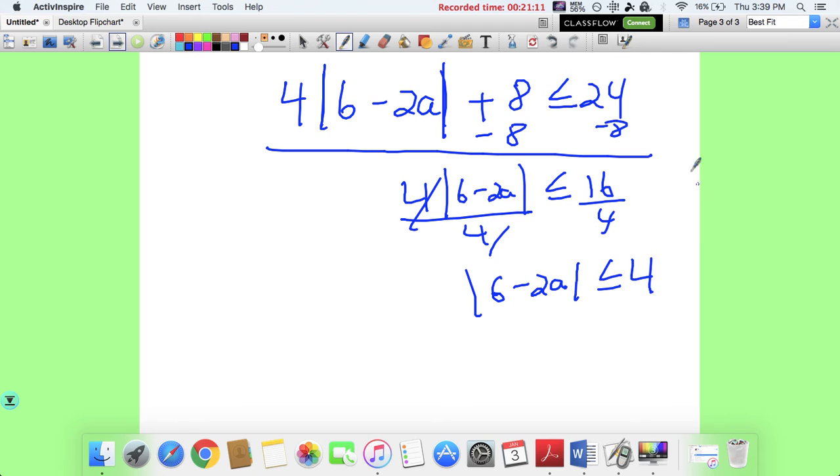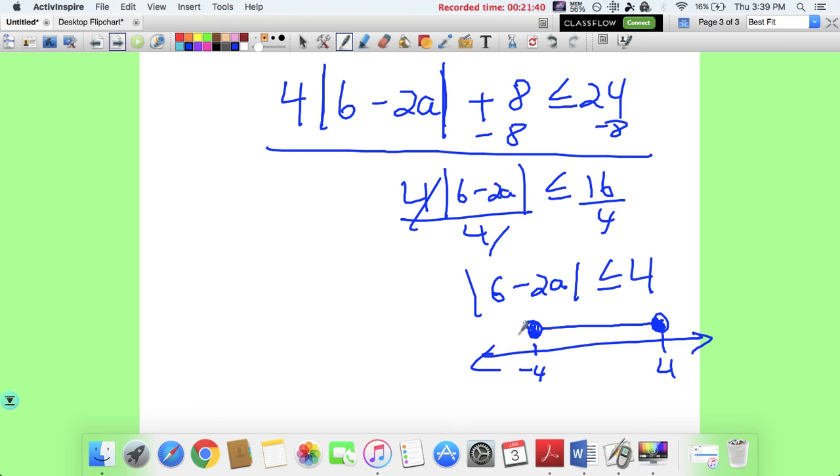This is almost the same problem as before. You should think about it. I'll draw my number line. The absolute value of this is only going to be less or equal to 4 when, you can take the absolute value of 4, that's going to work. 3, 2, 1, 0, -1, -2, -3, -4 works. -5 doesn't work because if I take the absolute value of -5, it's 5, and 5 is not less than 4, so that does not work.